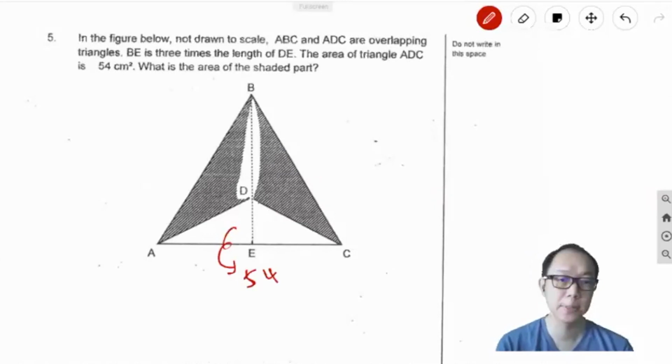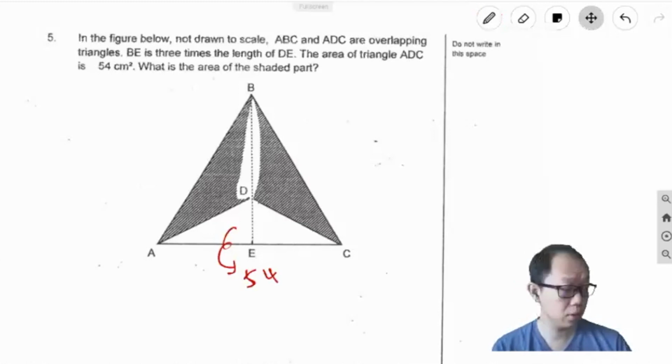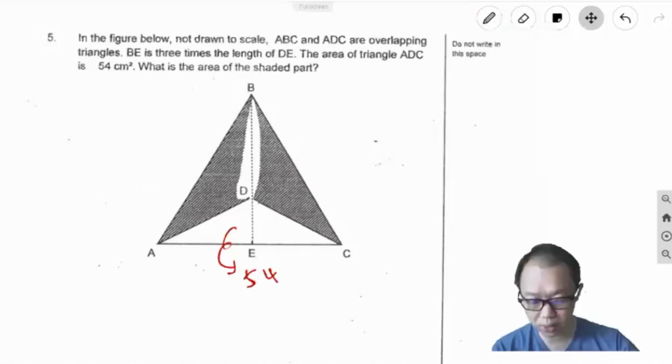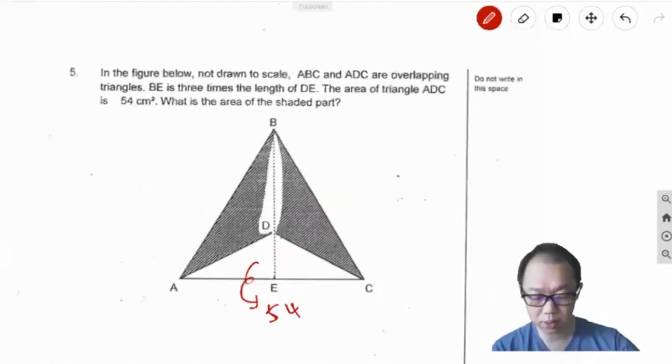Okay, so now, what is the trick here? The trick here is we have to assume the height. Now, because BE is 3 times the length of DE, so BD is here. Sorry, this part we call 2 units.